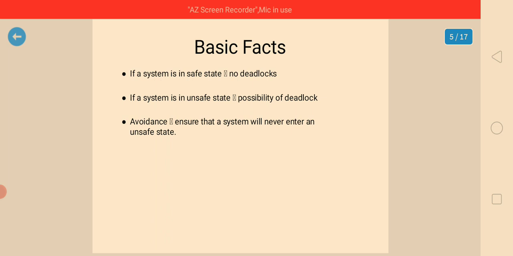If a system is in an unsafe state, there is a possibility of deadlock. Avoidance means ensuring that the system will never enter an unsafe state. So using this avoidance, we can avoid the deadlocks.